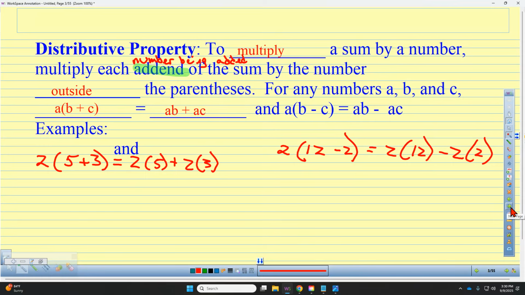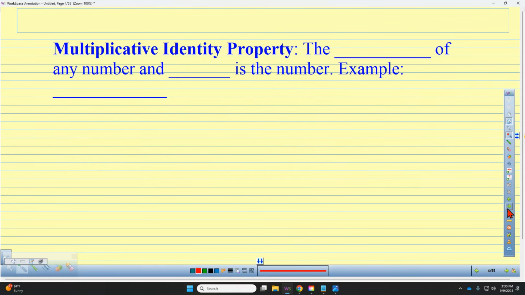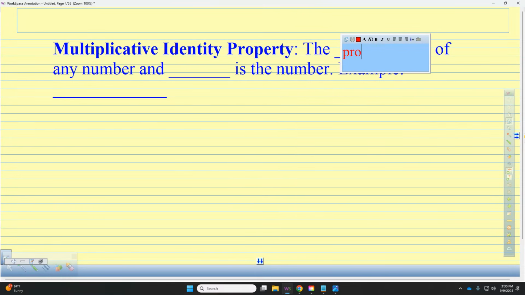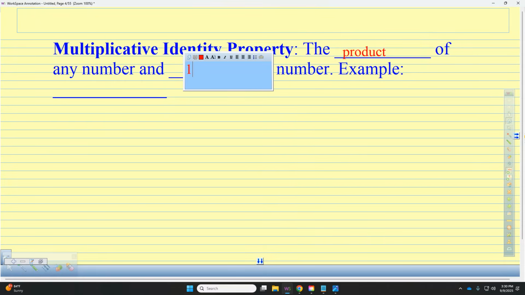Next, we have multiplicative identity property. This one's pretty straightforward. You already know this, you just may not have really thought about it. The product, and product is the fancy word for what? Hopefully you're thinking multiplication. So the product of any number and 1 is the number.